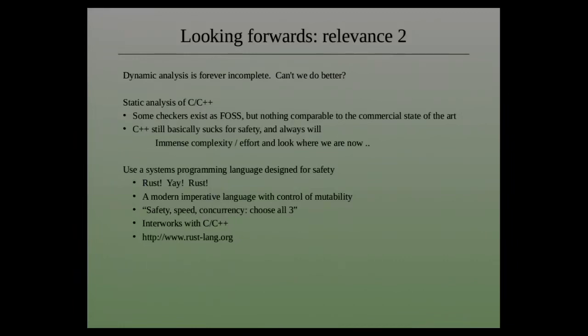So maybe it's time to think of moving away from C++. I think there's a feeling, especially with somewhat younger programmers, that the compromise that we've had to make with C++ of performance versus safety is increasingly a bad compromise, and we want to do something else.